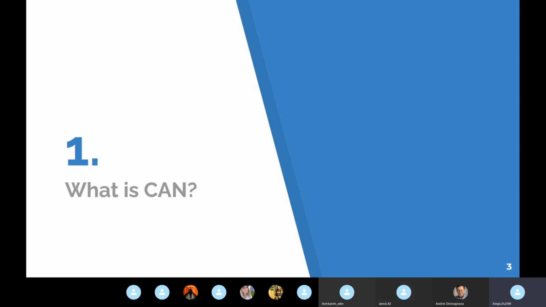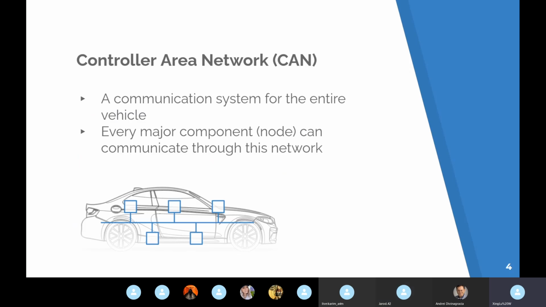So what is CAN? Again, CAN stands for Controller Area Network. Basically, it's the major communication system for the entire car. It connects every major component or node through this network. For example, in a normal car, you have your ECU, your engine control.